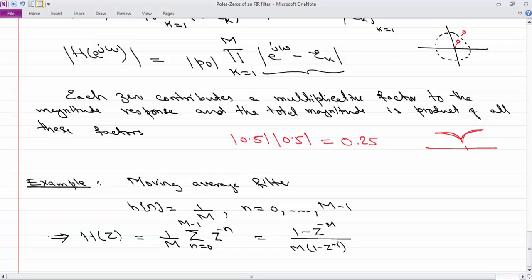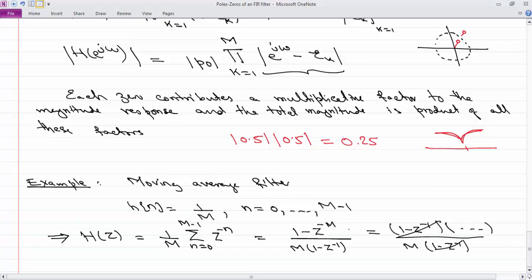Is it then not an FIR filter? Well, superficially it looks like it's not an FIR filter, but actually the numerator polynomial has a factor, right? It can be written as 1 minus z inverse and another polynomial divided by M or 1 minus z inverse, and so the factors get cancelled, right?